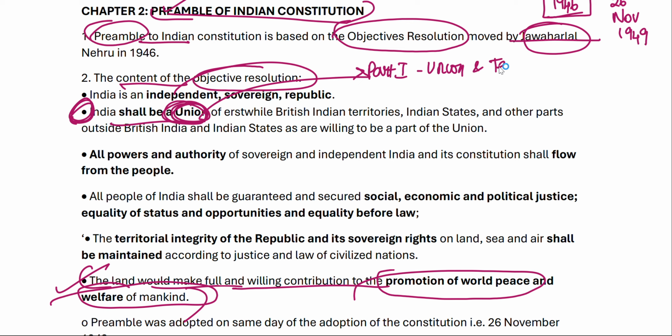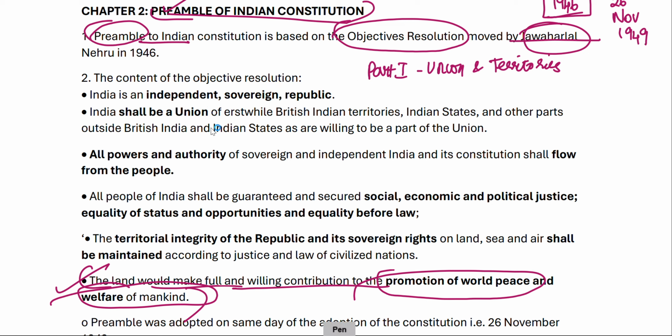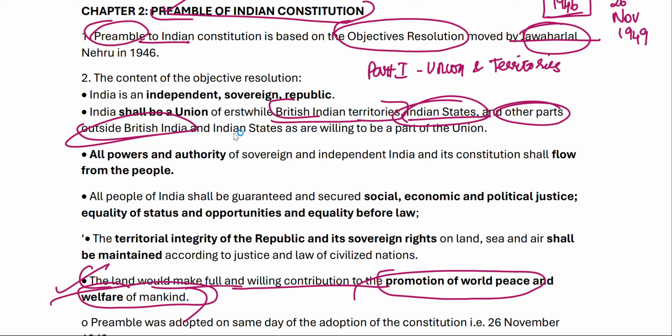But the Objective Resolution has mentioned that India shall be a Union of the erstwhile British Indian territories, Indian states and other parts outside British India, and Indian states that are willing to be a part of the Union, right?